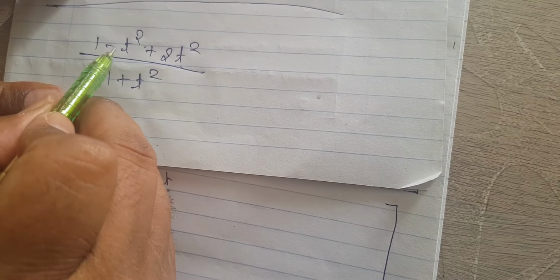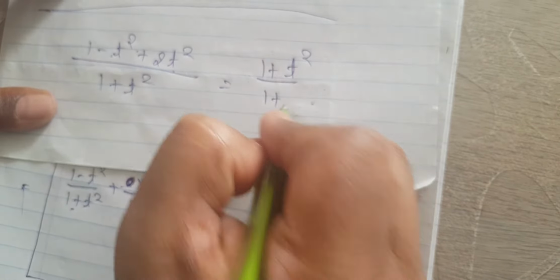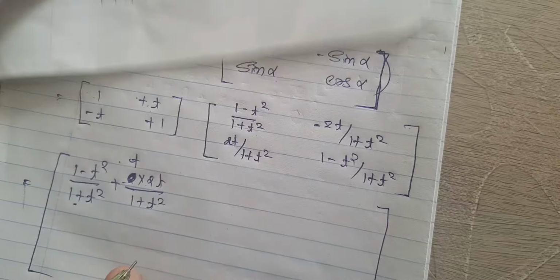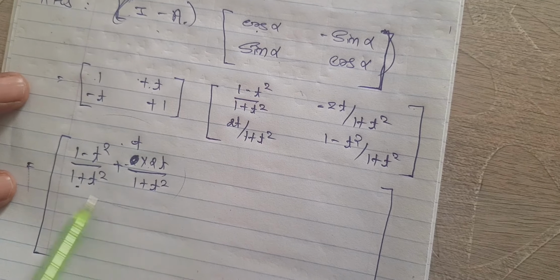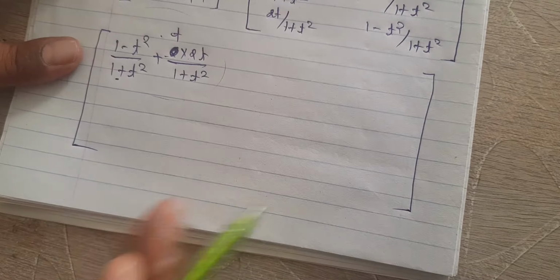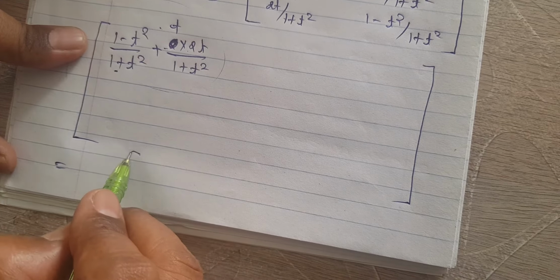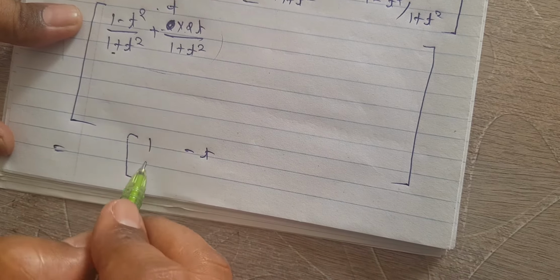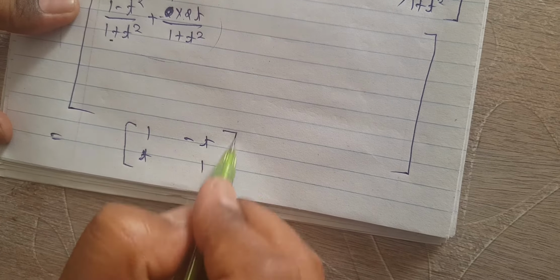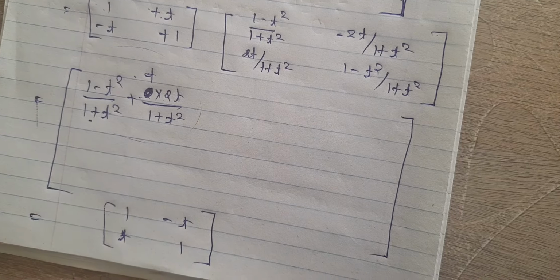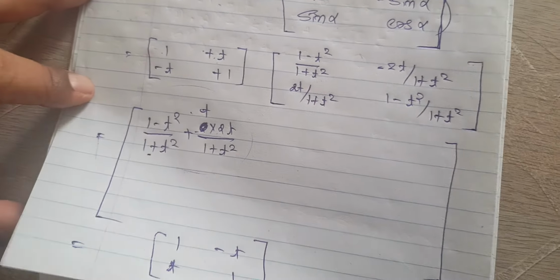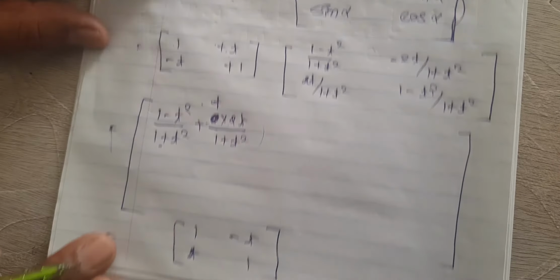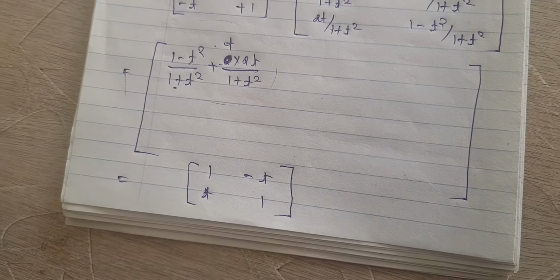So 2t square minus t square means t square. So 1 plus t square upon 1 plus t square. So this component becomes 1. Finally you will get this product, 1 minus t, t 1. And that's why you can say LHS equal to RHS. Is that clear?